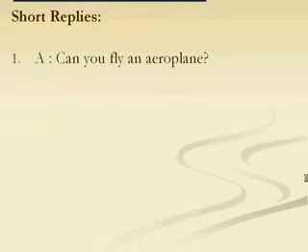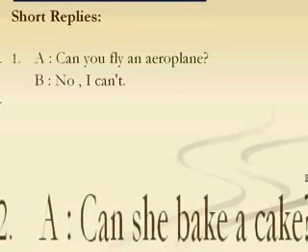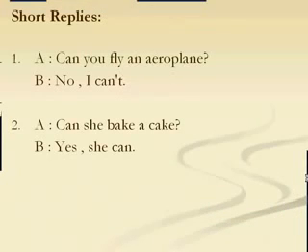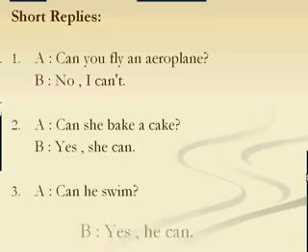Now we look at short replies. In sentence number 1, A: can you fly an aeroplane? B: no I can't. Number 2, A: can she bake a cake? Yes, she can. Number 3, A: can he swim?